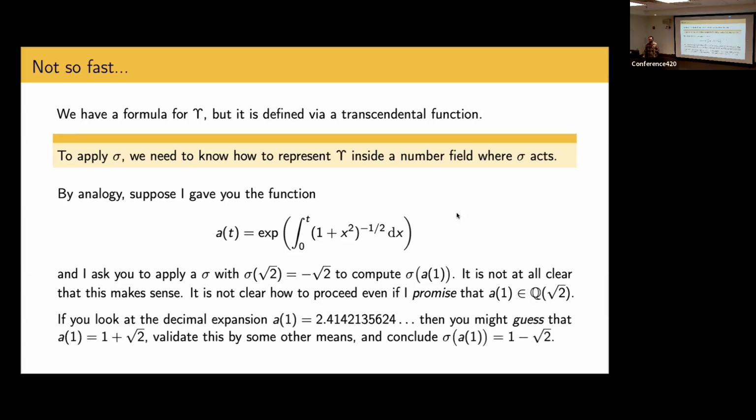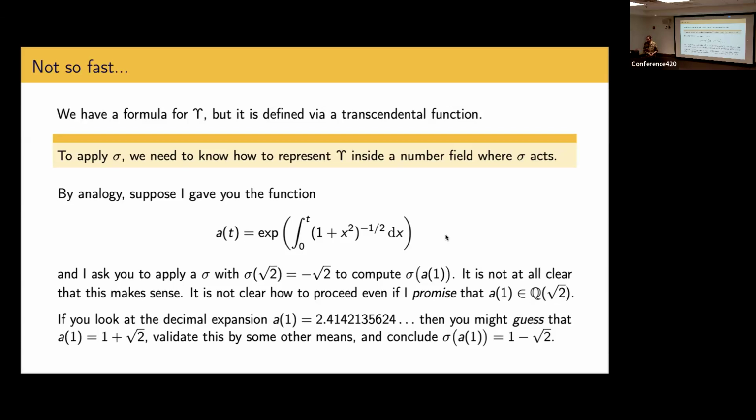If you were to write out the decimal expansion, this is basically what Mathematica would do. It's not very sophisticated. It would look at this and guess 1 plus root 2, and if I keep evaluating it to more and more digits, it stays consistent with that. So it's just going to guess that's the answer.